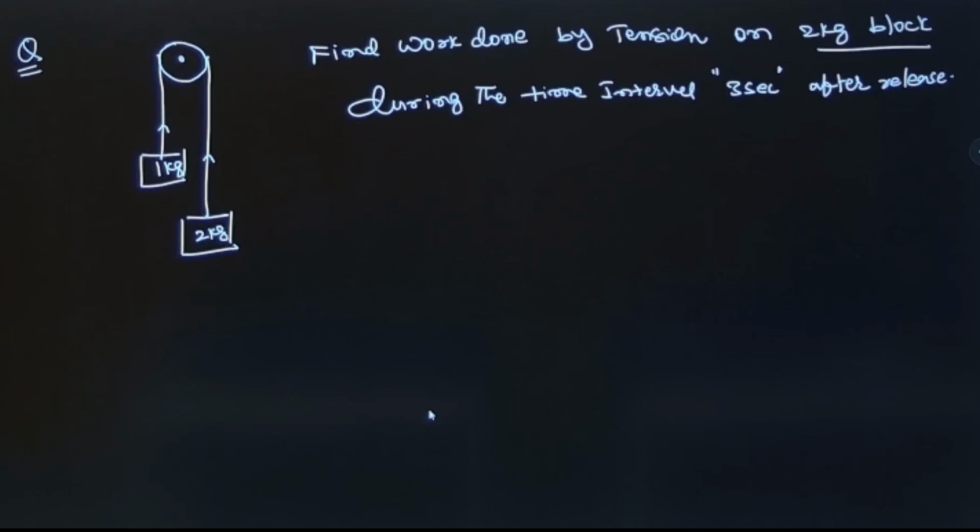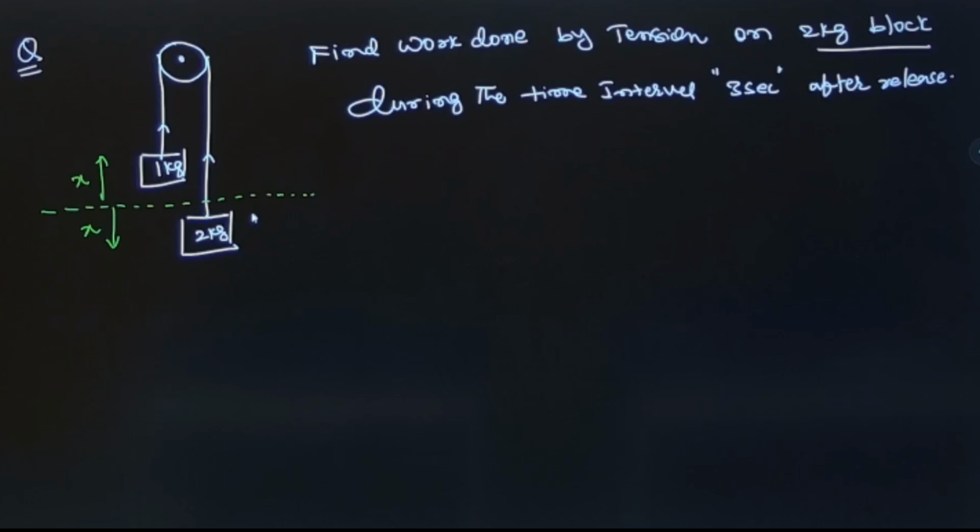After 3 seconds. Now, first of all, just imagine these blocks are initially in my hand. When I leave this, the heavier one comes down and the smaller one moves up. What came down, with the same displacement it moved up.